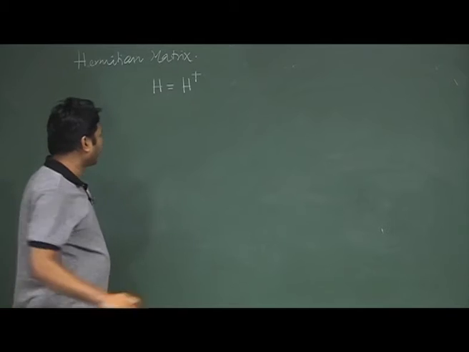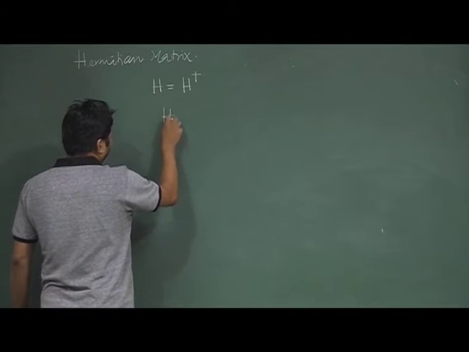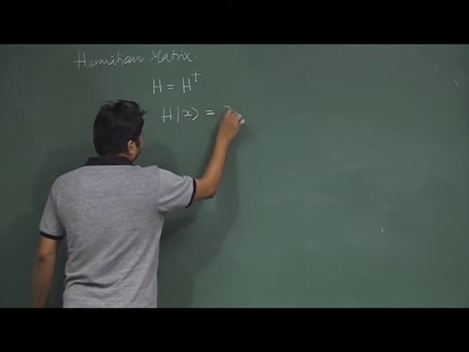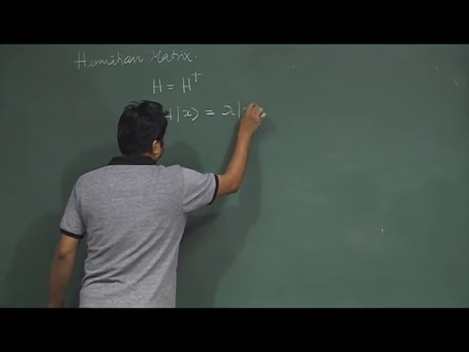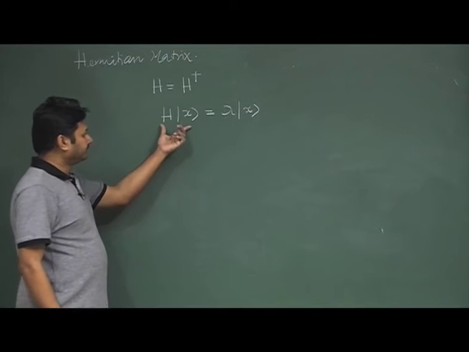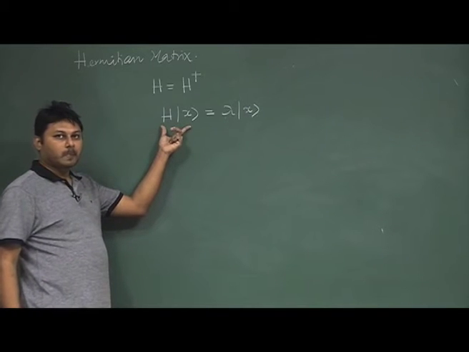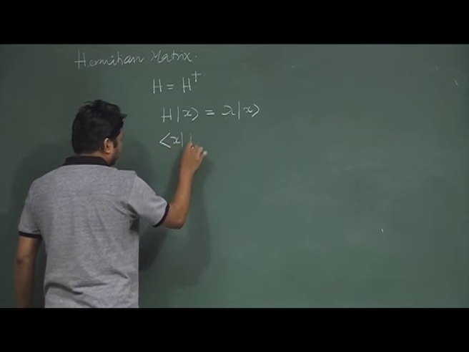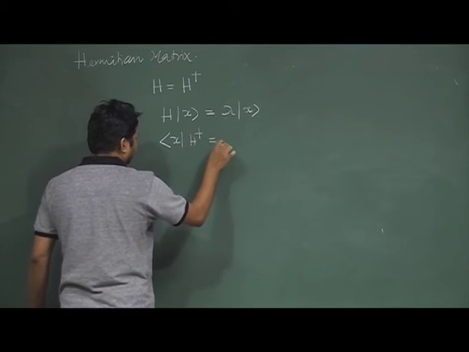So let us see how one can prove that. Hx equals lambda x, this is the eigenvalue equation. If I take the dual conjugate of that, I need to write it like this.